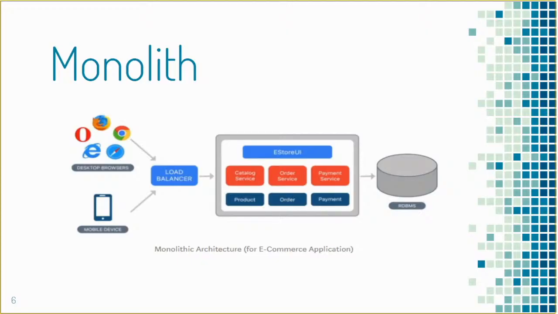It was very easy to develop, easy to test, simple to deploy, and scaling was also easy. Whenever a request came, it would go to the load balancer. The load balancer would decide to which copy it should send the request, and then it would do whatever it had to do. Either it might talk to a DBMS or any database or third party, and then it would respond back with the necessary response.